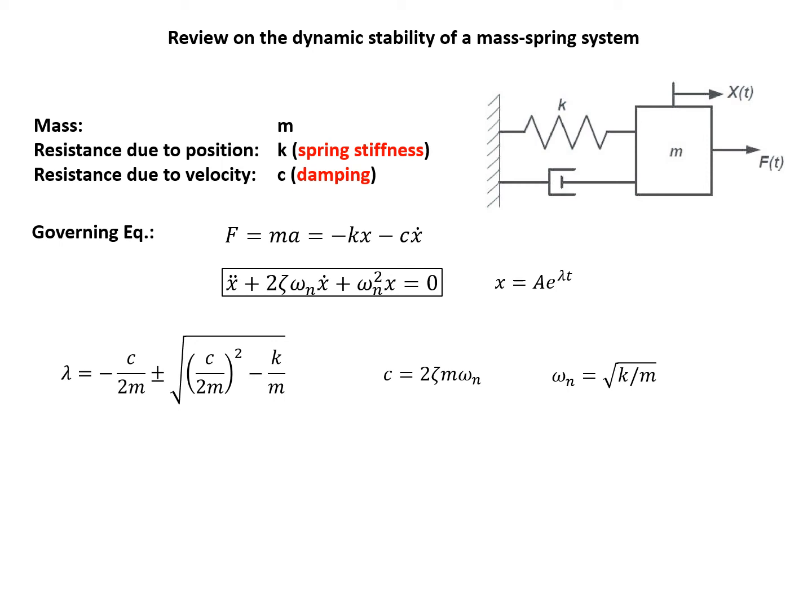So we just plug in c and the natural frequency, and we know lambda equals minus damping coefficient times the natural frequency plus or minus i omega n times the square root of 1 minus zeta squared. So that's lambda.